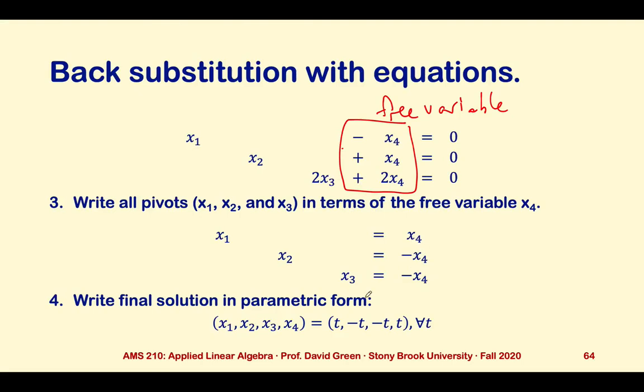As before, we can write this in parametric form, setting our free variable x4 equal to a parameter such as t, and then we have the quadruple x1, x2, x3, x4 is t, negative t, negative t, t, where t can be any number.